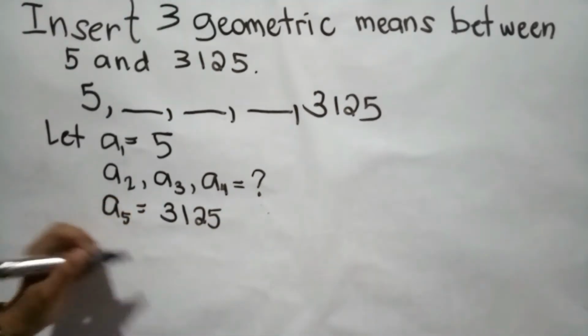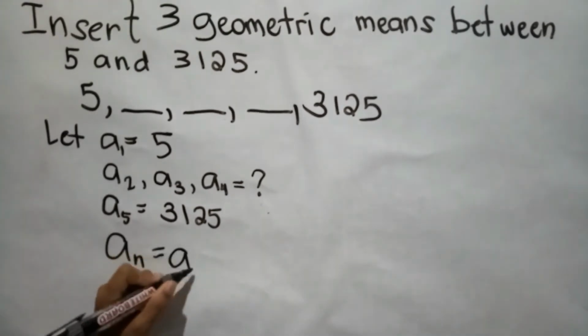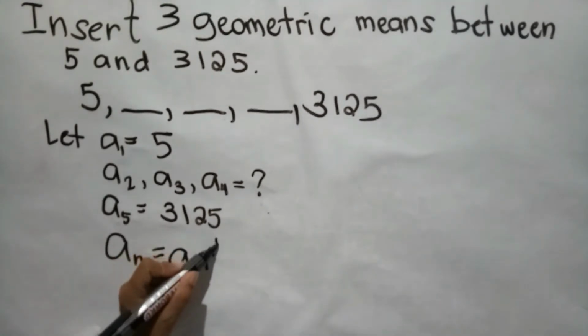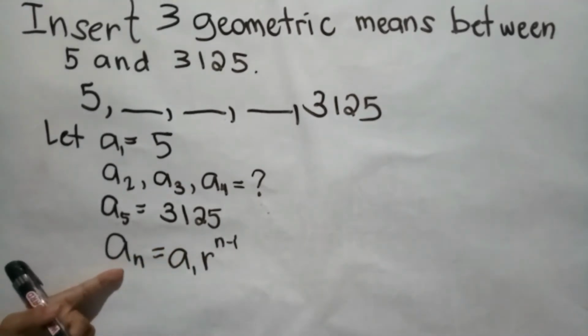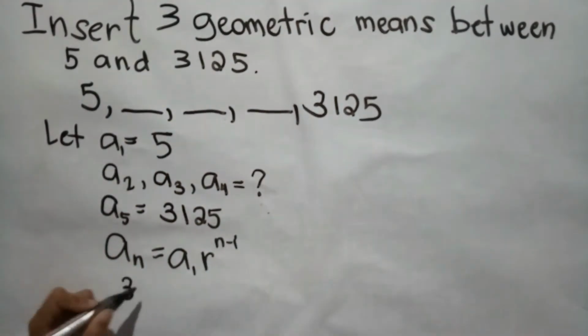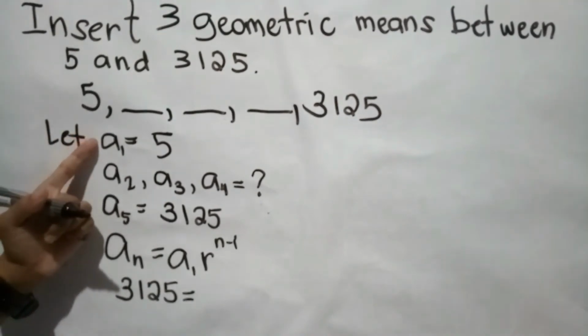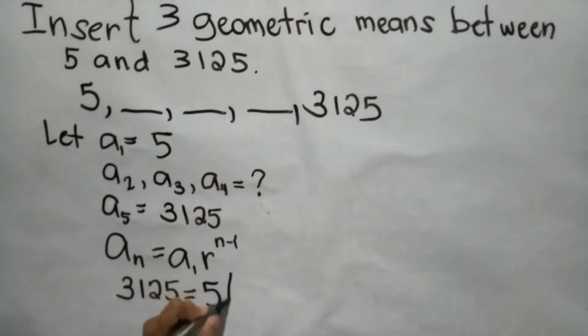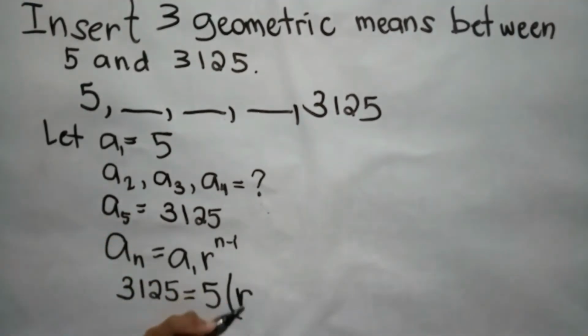Now let's use the formula: a sub n is equal to a sub 1 times r raised to n minus 1. So we have a sub n, or the last term, 3,125, is equal to a sub 1, which is 5, times the common ratio, which is not given, raised to n minus 1.